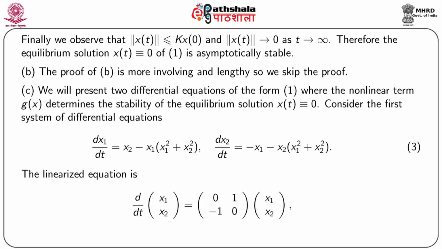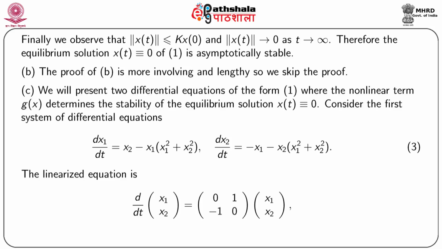The linearized equation is of the form d/dt of (x1, x2) is equal to [0 1; -1 0] times (x1, x2), and this is obtained by taking the linearized part from these two equations, where we neglect the nonlinear part for the time being.